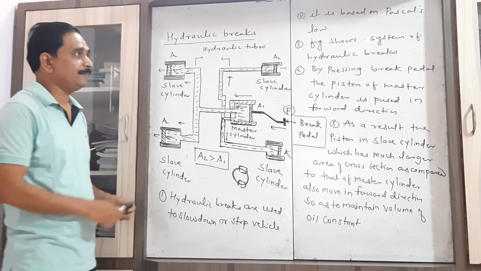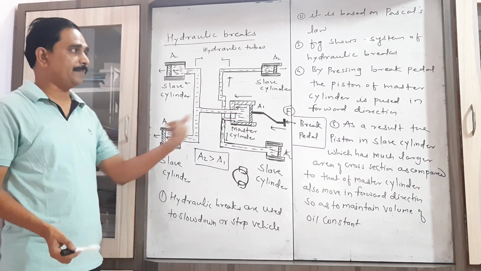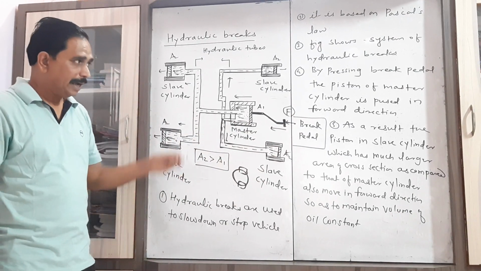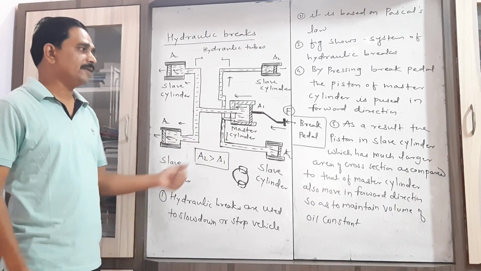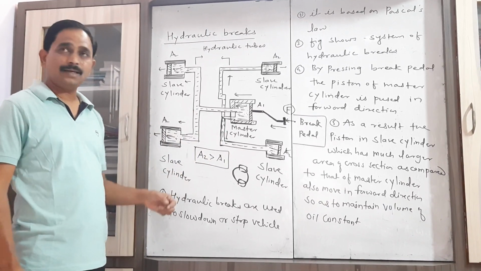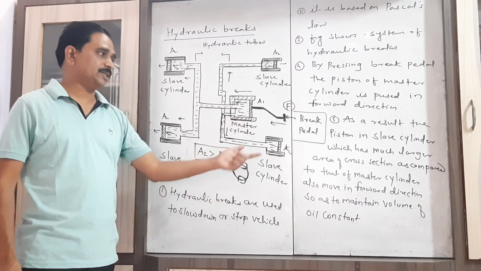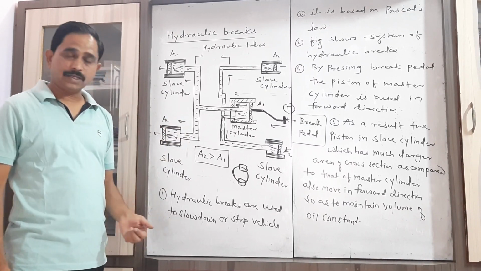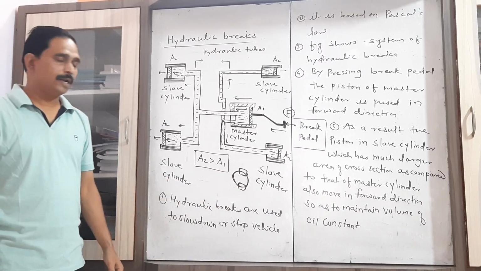So what I write here: by pressing the brake pedal, the piston of the master cylinder is pushed in the forward direction. As a result, what happens? The piston in the slave cylinder, which has a larger area of cross section than the master cylinder, also pushes in the forward direction, to maintain the volume of oil.